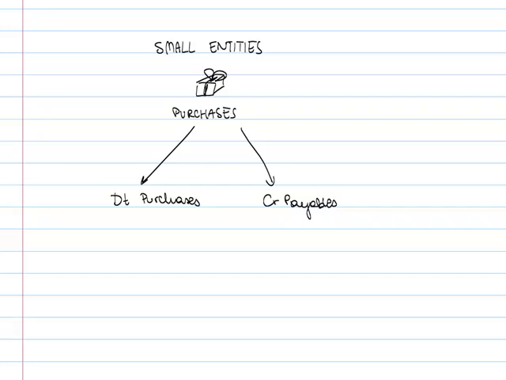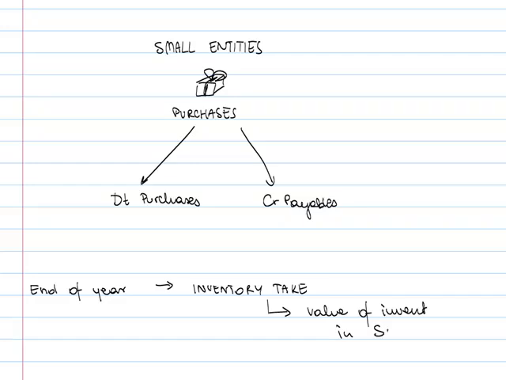Now, at the end of the year, the entity will perform an inventory take. And that will determine the value of inventory to be included in the end of the year statement of financial position.